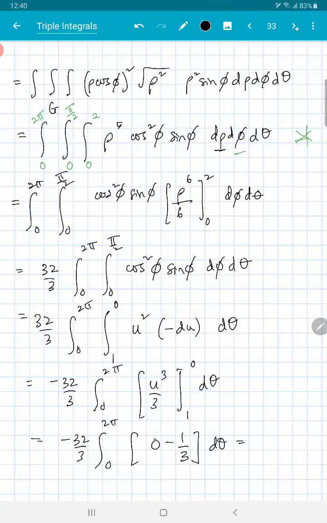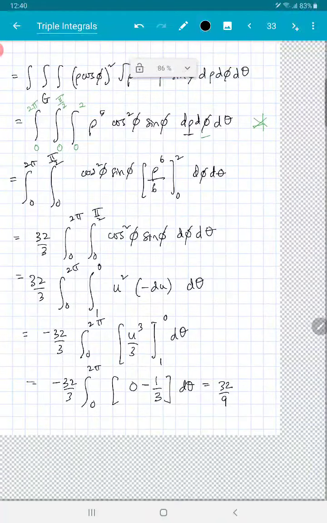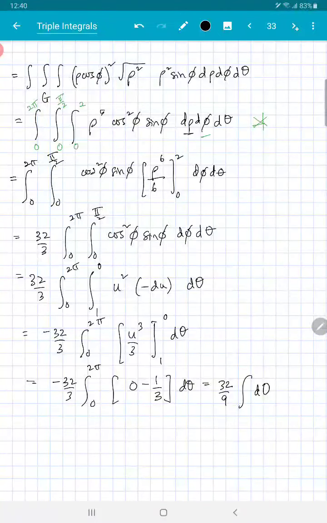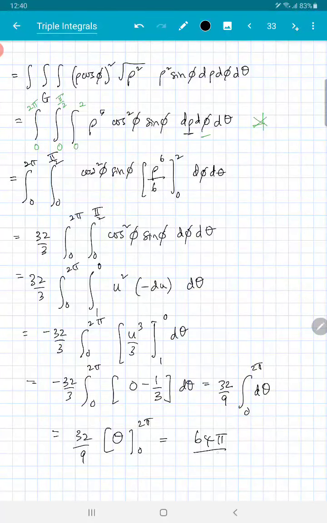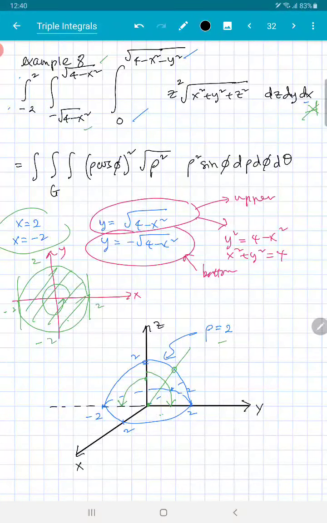So 1/3 times negative 32 over 3 will give us 32 over 9. Then we still have d theta, 0 to 2 pi. Integrate d theta, we get theta, 0 to 2 pi. So that will give us 64 pi over 9. So that's the answer to Example 8. Okay, all right, thank you.